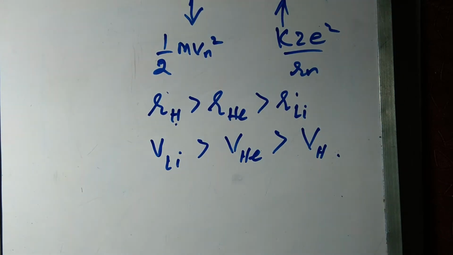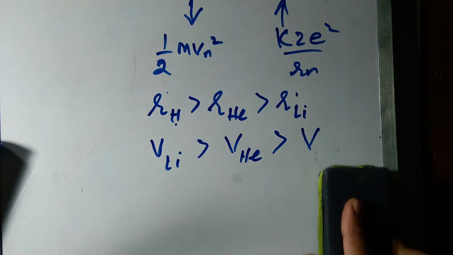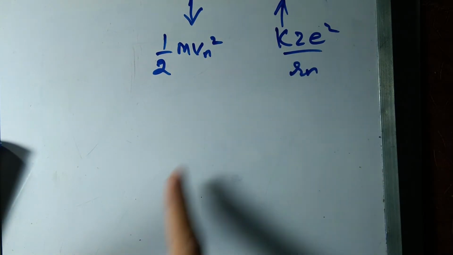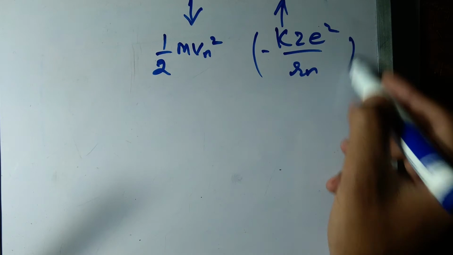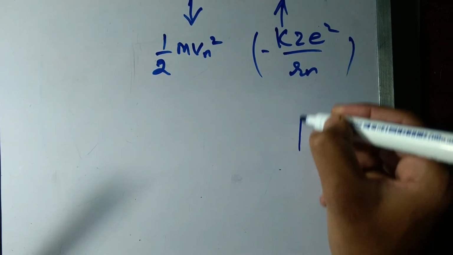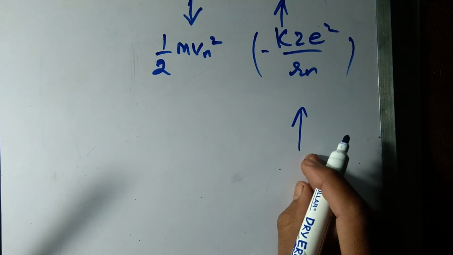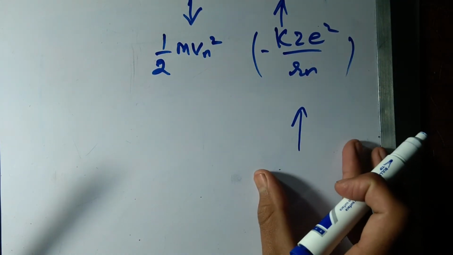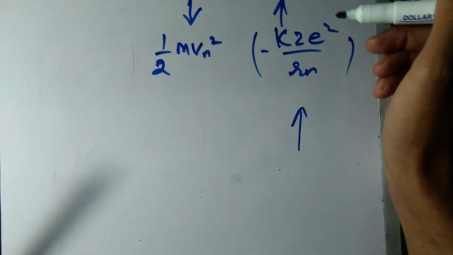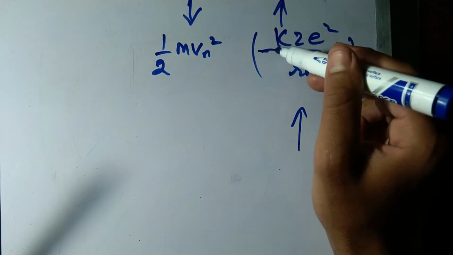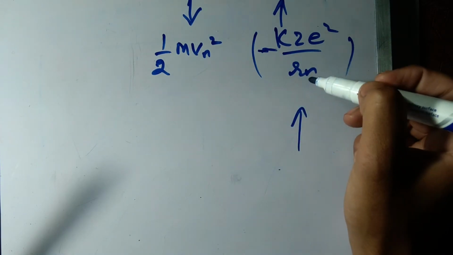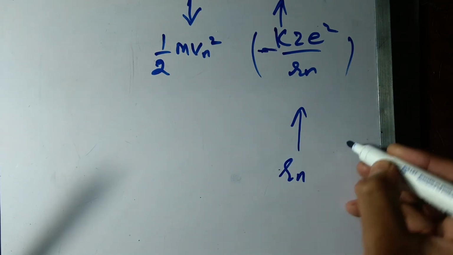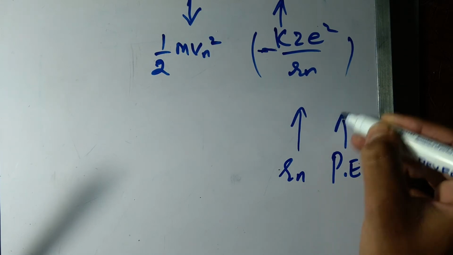Now this is the reason: we have a negative sign with the potential energy, which means that when R of n increases, the potential energy also increases.